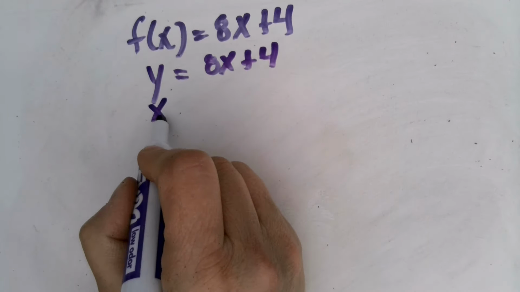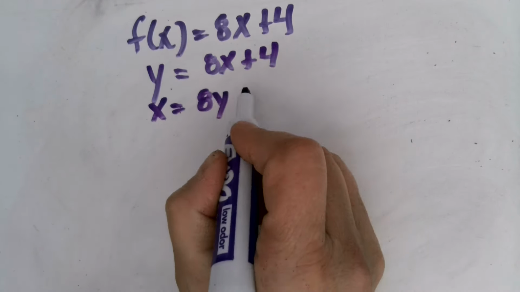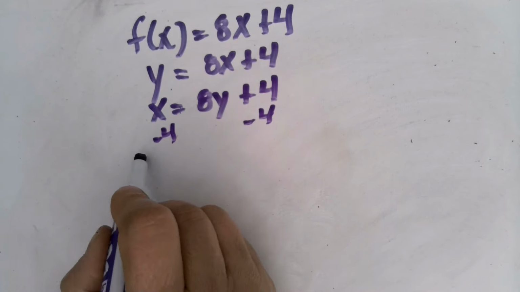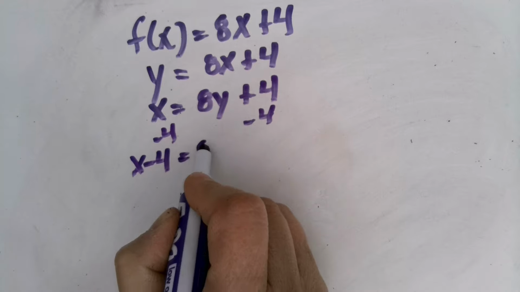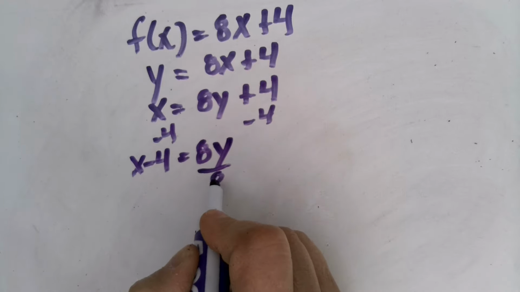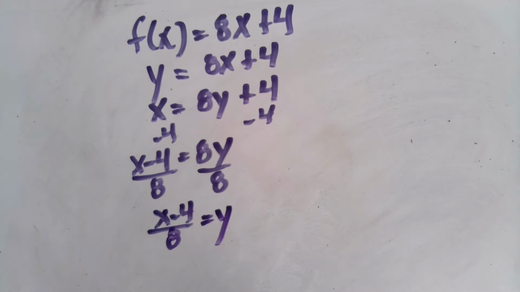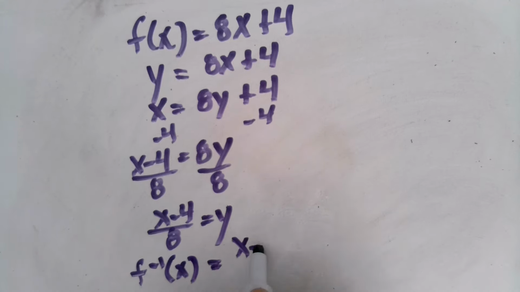Step 2 is to switch my x and y's. Step 3 is to solve for y. So we find out that x minus 4 over 8 is y. So we know the last step, write it as f inverse of x equals x minus 4 over 8.